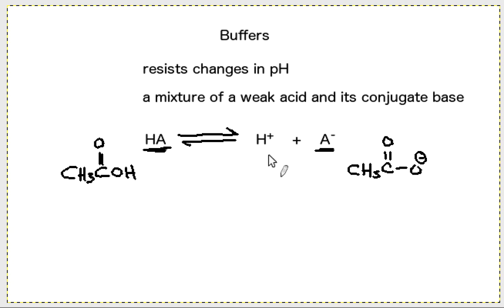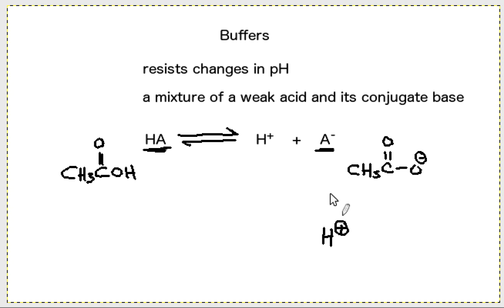Okay. Now, how does the presence of these two things actually resist changes in pH? How do they buffer? Well, let's insult our buffer with an external source of acid. This could be a strong acid that was ingested from the environment, or this could be a result of some metabolic buildup of a carboxylic acid or something like that. But here, let's just say we've got a source of protons, and we're going to subject it to this buffer.